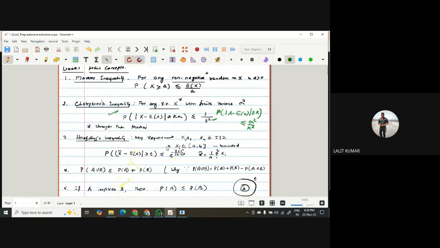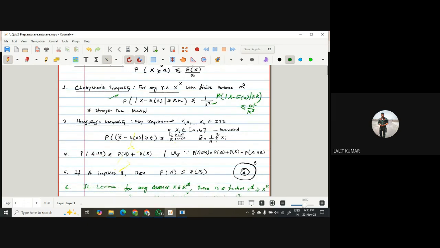Now we come to Hoeffding's inequality. For Hoeffding's, the key requirements are that we have a data set of Xi's, each Xi is IID, and each Xi is bounded by a certain range a and b.